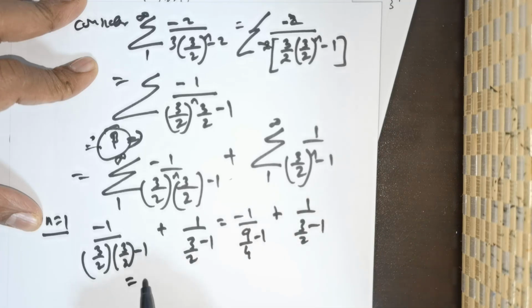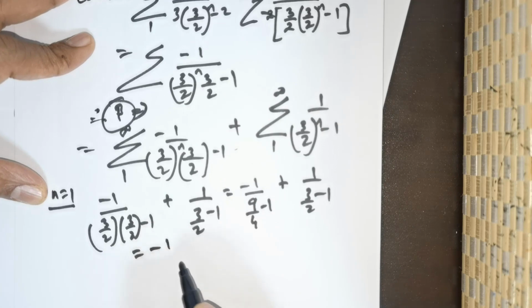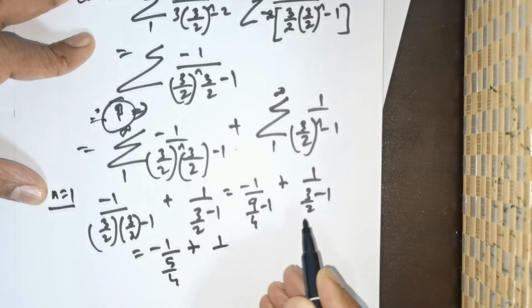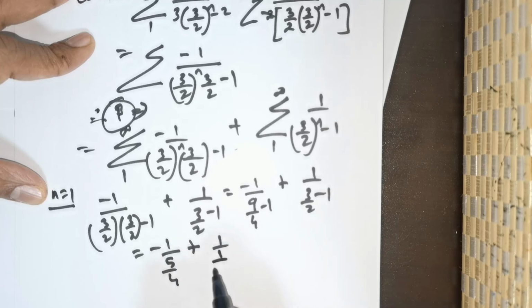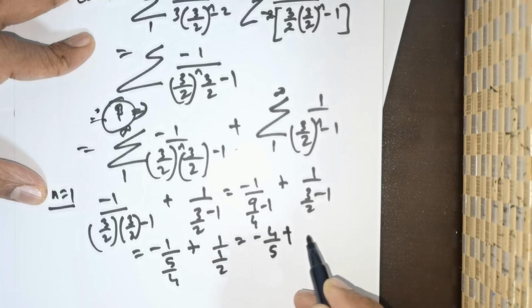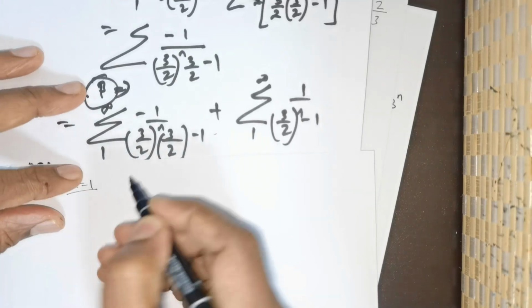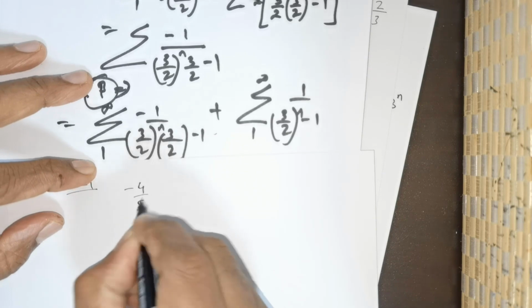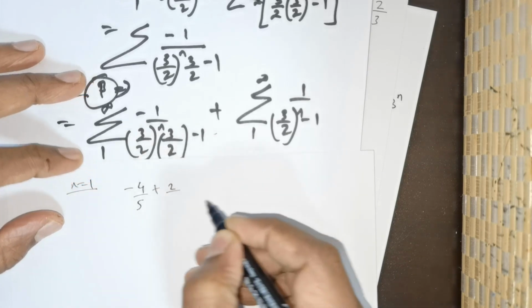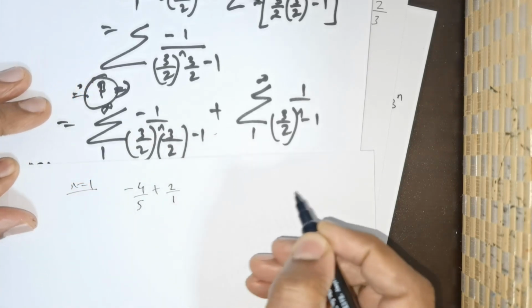So this is equal to negative 1 over 5 over 4 plus 1 over 1 over 2, which is negative 4 over 5 plus 2 over 1. Now when n is equal to 1, you have got negative 4 over 5 plus 2 over 1. Right? This is what you've got.